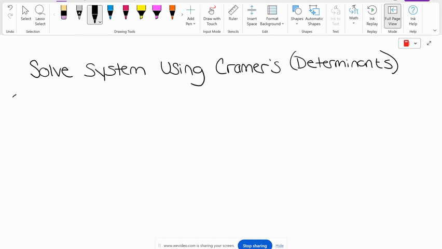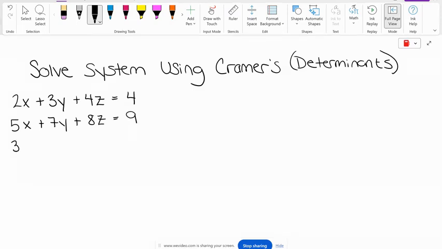So I will have 2x plus 3y plus 4z equals 4. 5x plus 7y plus 8z is equal to 9. 3x minus 2y minus 6z is equal to 7.